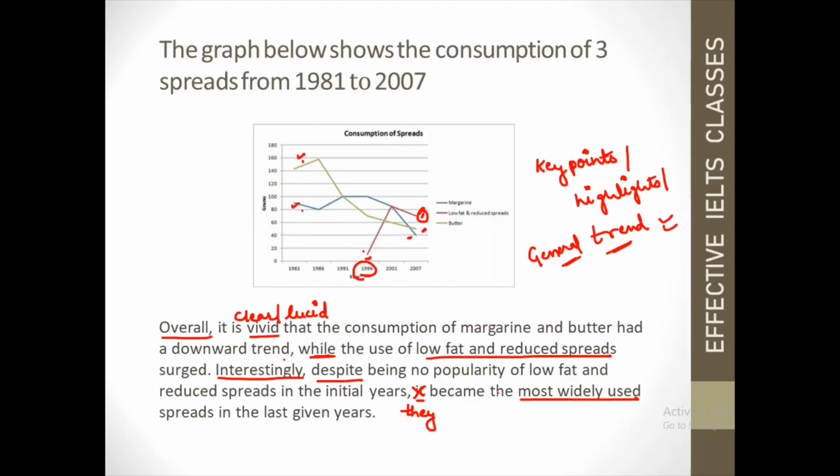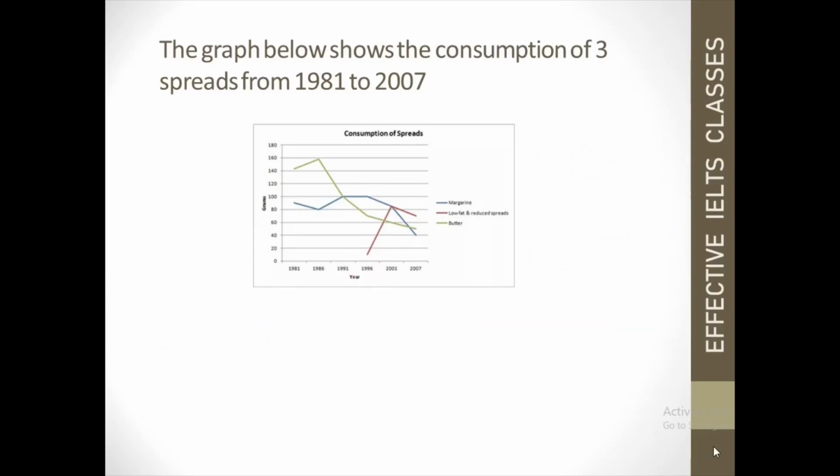So we are done with our overall, as we have used general trends as well as key points in our overall. Now let's move towards our body paragraphs. We'll split the body paragraphs according to the trend only. For margarine, it was a negative or downward trend.